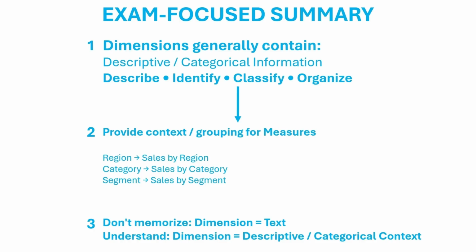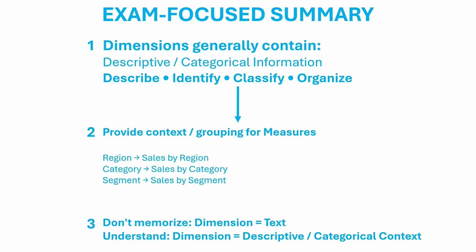Third and the last point is, don't make the mistake of thinking that a dimension is simply a text field. Text fields are commonly dimensions, but the important thing is the role of the field, whether it is being used to describe, identify, categorize, or provide context to the data.